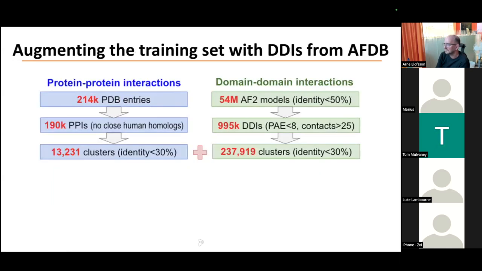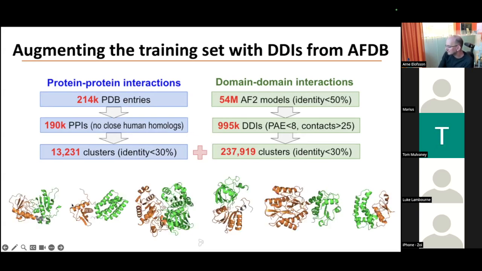So going to domain-domain interactions in AFDB allowed us to significantly enlarge the training data set. We were able to make a training data set about 20-fold larger than what is traditionally used in the field. Here I'm just showing you a couple of protein-protein interactions that we found. It's a random selection, and you can see that they do resemble protein-protein interaction interfaces.